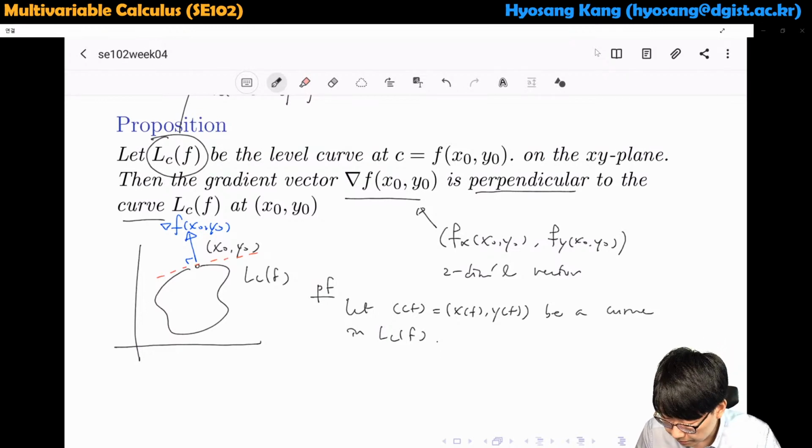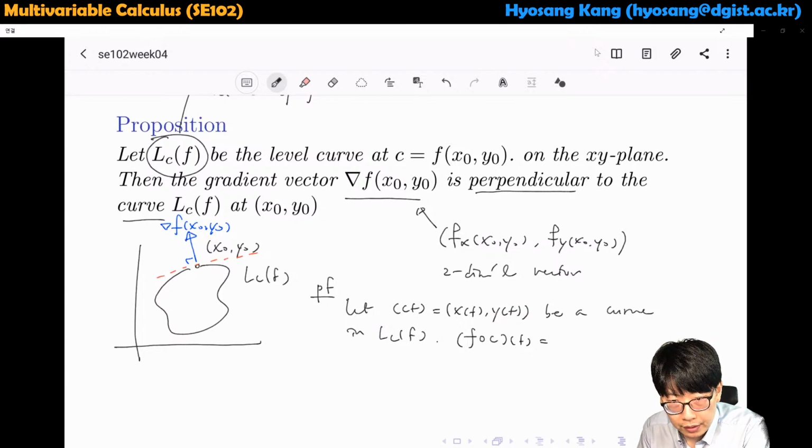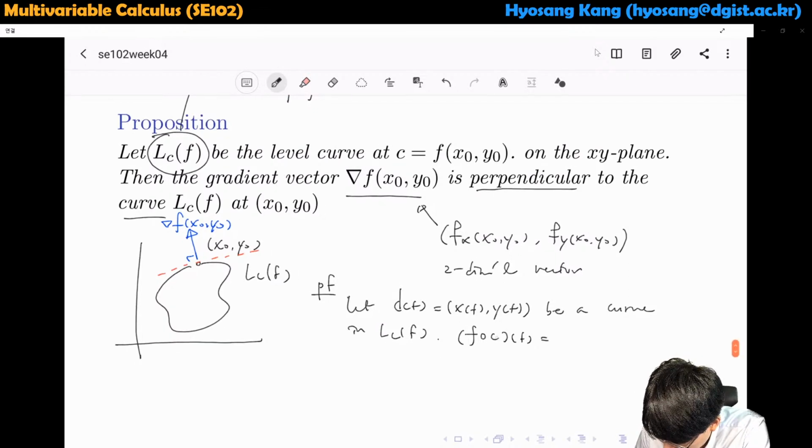But if f is not a two-variable function but a higher-variable function, then you can think about a curve lying inside this higher-dimensional level set. Anyway, if I take the composition of f and c, that's a function of t, meaning I'm taking a point (x, y) which lies in the level set. Therefore, by definition, the value of the function is always the constant c. Sorry that I used c for the name of the parameterization and also the value of the function. So let me call it d. So this is constant.